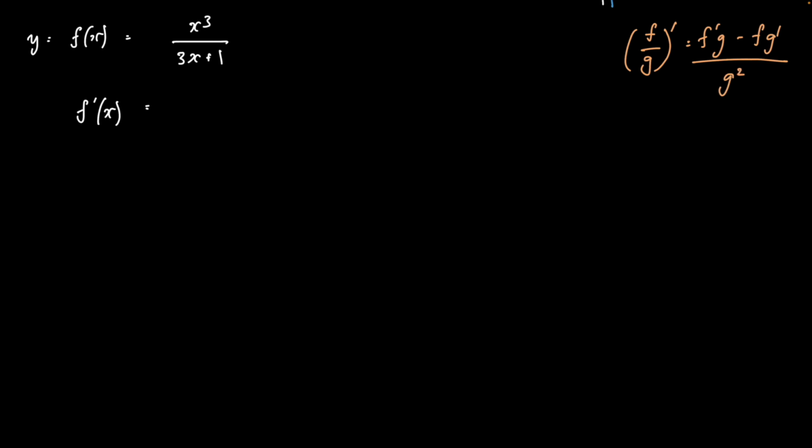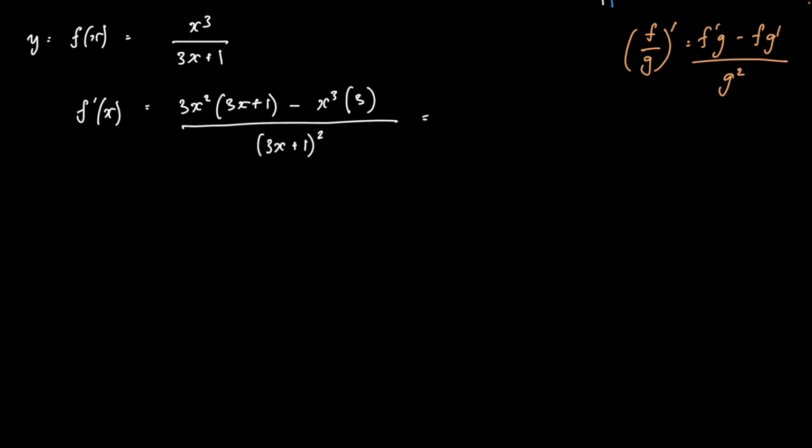So my derivative will be f prime, 3x squared, times g, 3x plus 1, minus f, x cubed, times g prime, which is 3, all divided by g squared, 3x plus 1 squared.